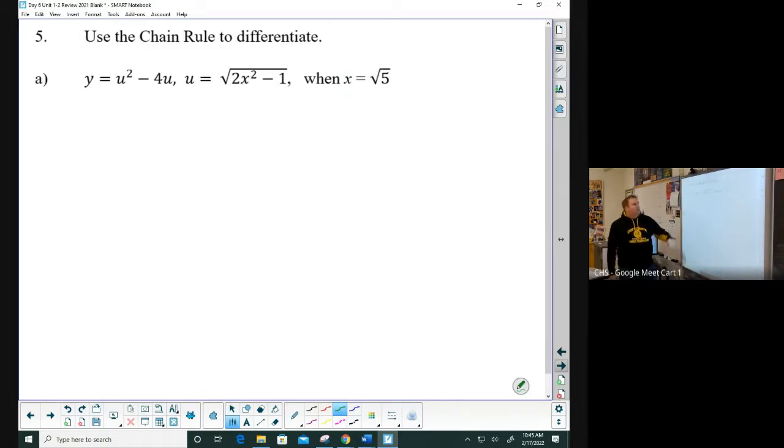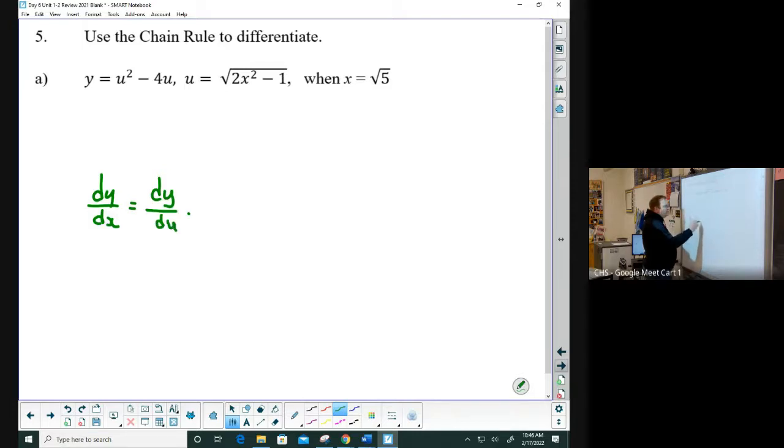All right, I know that I need to do some substituting, but I'm going to save that, so I'm just going to leave myself some space for substituting later. I'm going to go down halfway here and start doing my derivative. dy by dx is dy by du times du by dx. Chain rule allows me to break up complicated ones into smaller, easier functions.